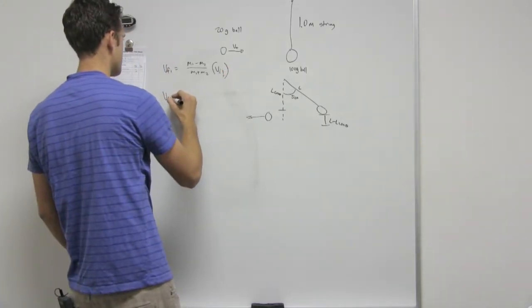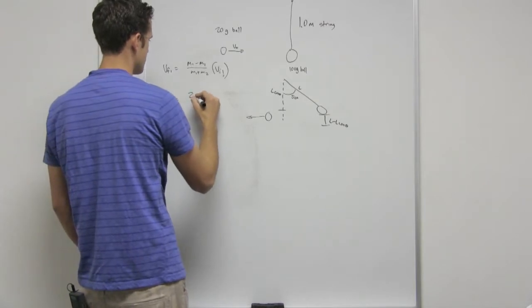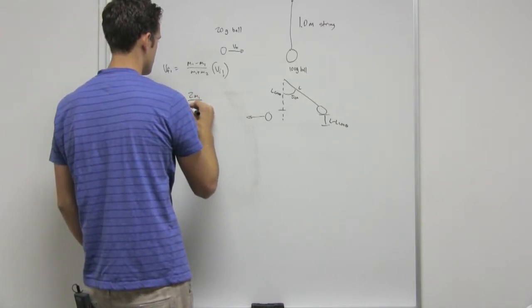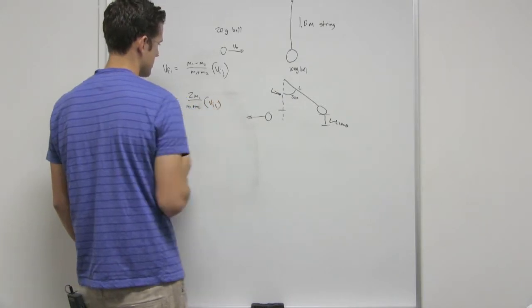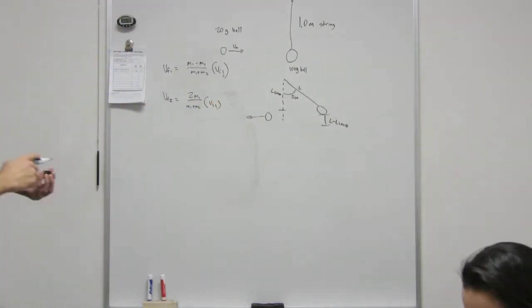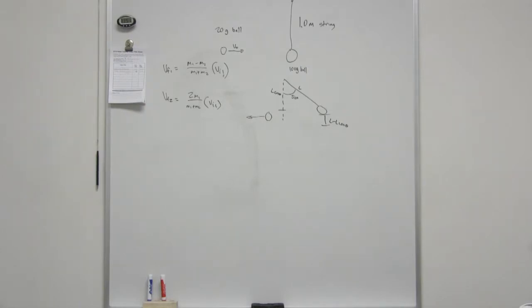And V final 2 is equal to 2 M1 divided by M1 plus M2 times V initial of 1.